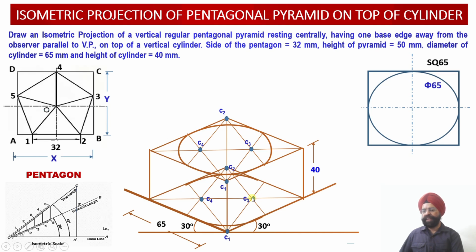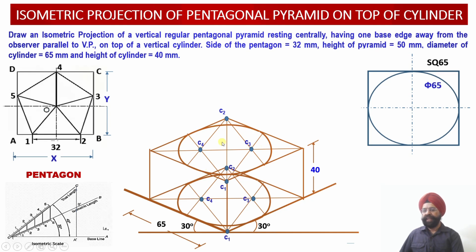From center 3, radius equal to this much, the third arc has been drawn. And finally, with C4 as the center, radius equal to this one, the fourth arc has been drawn. So the construction of the cylindrical portion of the base and of the top has been completed.